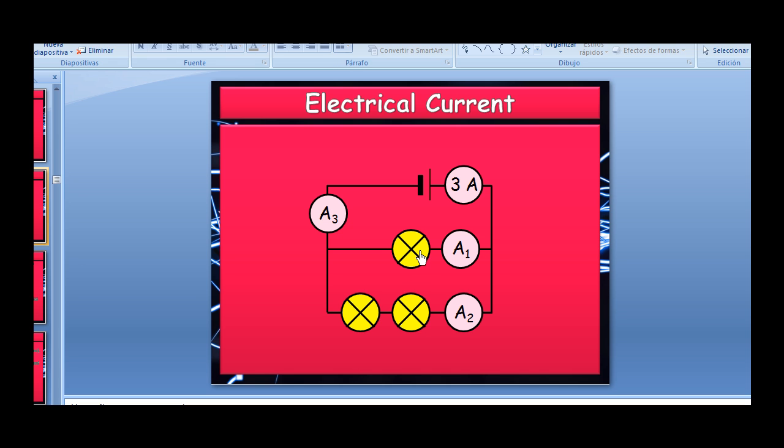Each light bulb has a certain amount of resistance, and if we assume that this and that and this have the same resistance, then you can see hopefully that there is 2 times the resistance here compared with that one, meaning that it's twice as difficult for the current to go through here as it is through this guy, meaning that the current here ought to be twice as much as the current here, because it's twice as difficult for it to go through here.